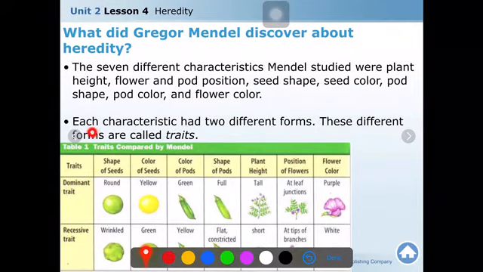All of them are studied one by one. We will see. Now, these are the characteristics. Shape of seed, for example. Each characteristic has 2 different forms, sometimes more than 2. But here, there are 2. These different forms are called traits. You see, shape of seed has 2 traits. One of them is wrinkled, one of them is round. Either the offspring may have a round seed or a wrinkled seed.